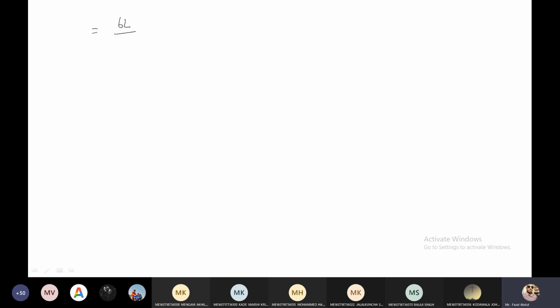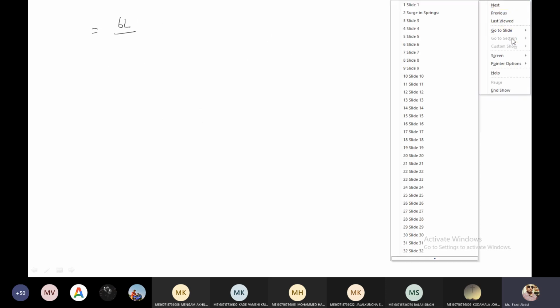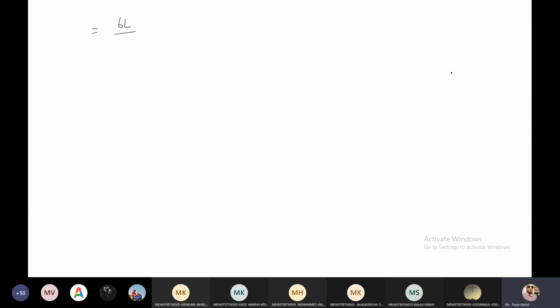So again I am writing the equation: 6WF into L by NF BT square minus 6L by NF BT square into load on bolt by 2.